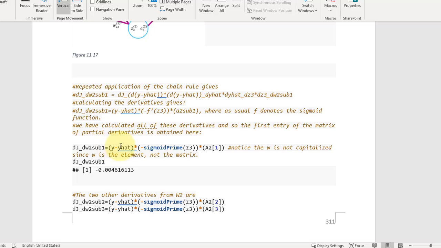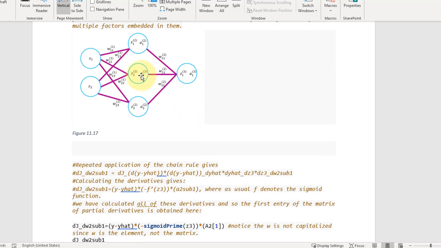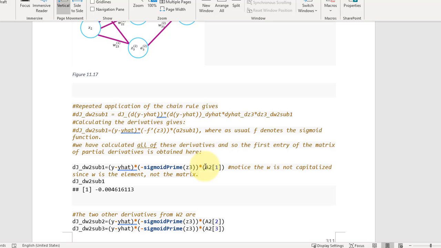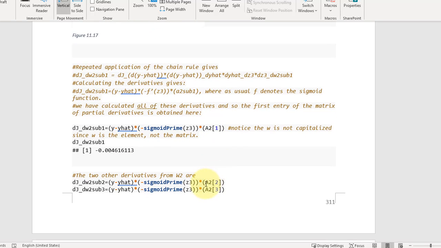It's going to be the same thing as here. The only difference is that the connecting node is not a2 sub 1, it's a2 sub 2. And then for the last one, it's the same thing again, but the connecting node on the left, or upstream, is a2 sub 3. Except for that, the derivatives are the same.